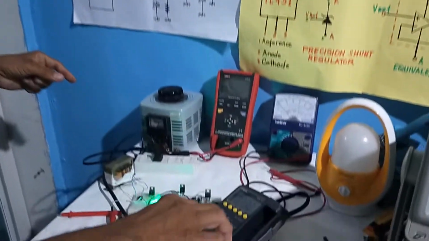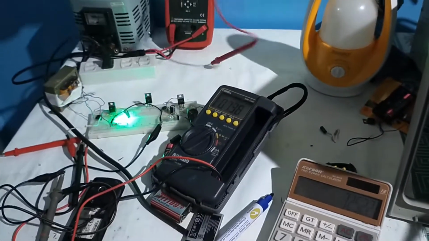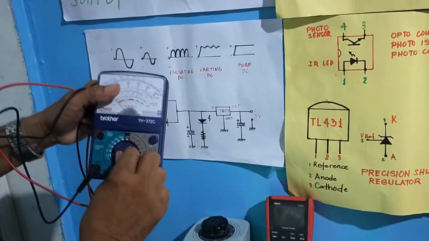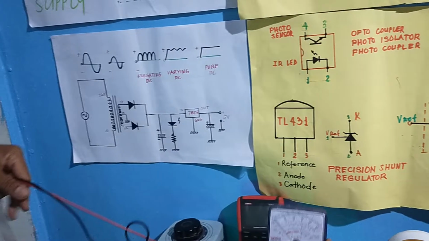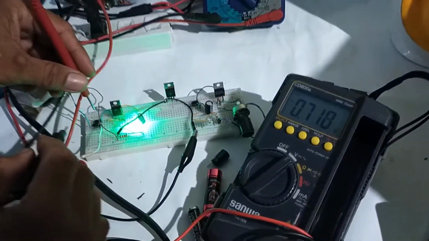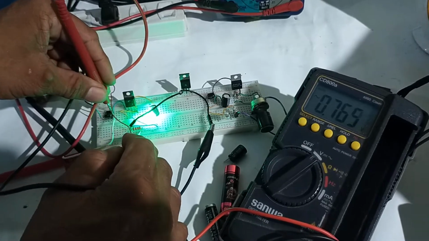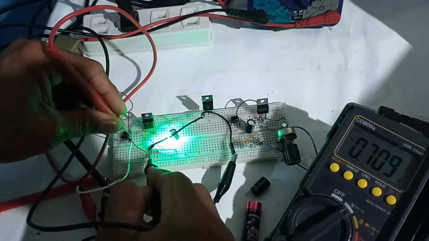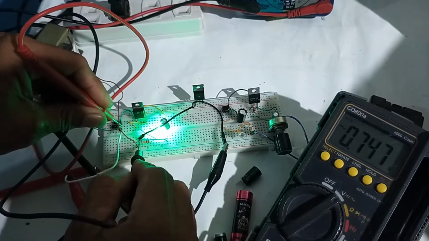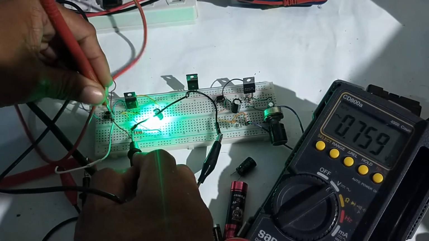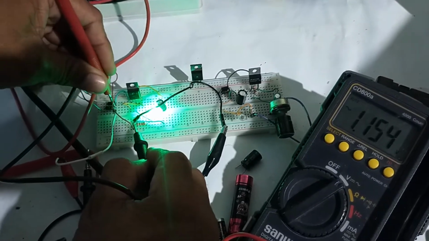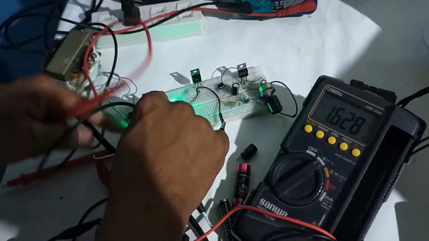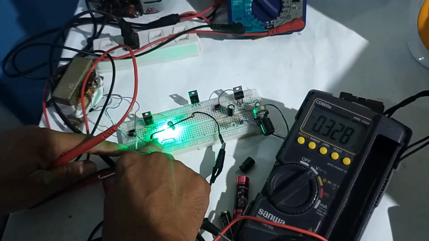Because if we are going to measure that using an analog multimeter, we will set this one to 50 volts DC voltmeter, because after the diode, it is already DC. No? It is already DC. So we have here positive and negative. Okay? It deflects. Okay. Let us check.